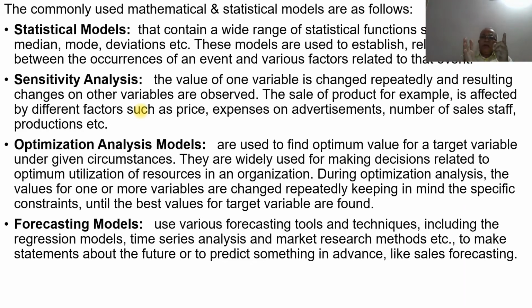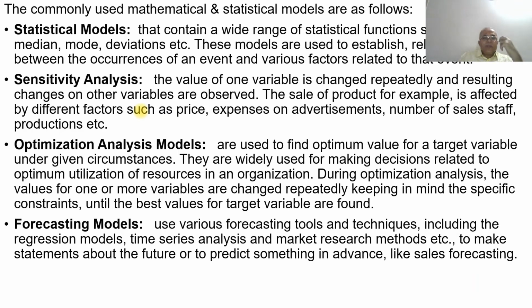If you consider one variable and repeatedly change the other variables, suppose the number of sales staff is reduced, thereby the cost will come down. And if you reduce the expenses on advertisement, then the cost will come down.